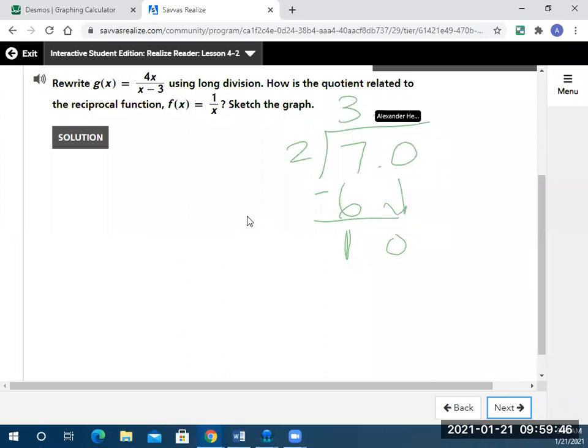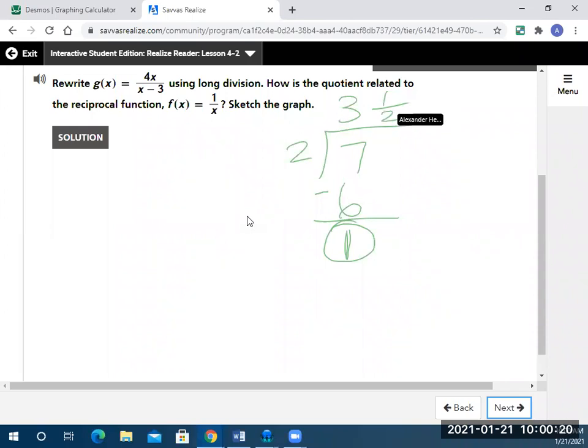So now I know you guys are probably used to writing 0.0 and then bringing this down and writing a point right here, right? I'm just showing you guys a very simple example of long division. So instead of doing that, this is our remainder, right? We call this a remainder, what's left over, because 2 does not go into 1 evenly, right? So instead of adding a decimal, we're just going to put our remainder 1 over what we're dividing by.